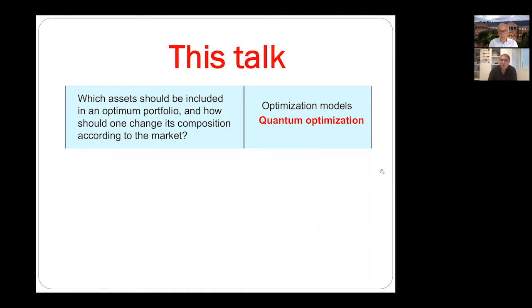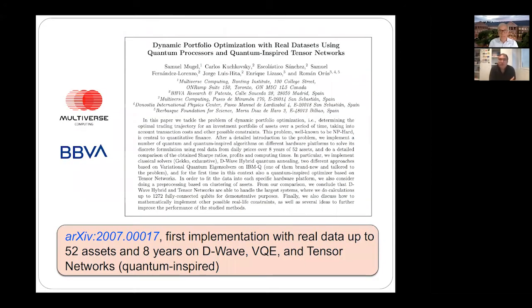In this talk, I'm going to focus on quantum optimization. Well, why? Because it's kind of the most canonical problem that we can find, optimizing a portfolio. And let's see how well we can do. So this talk is going to be about this paper, as I was saying before. Here you have the abstract.